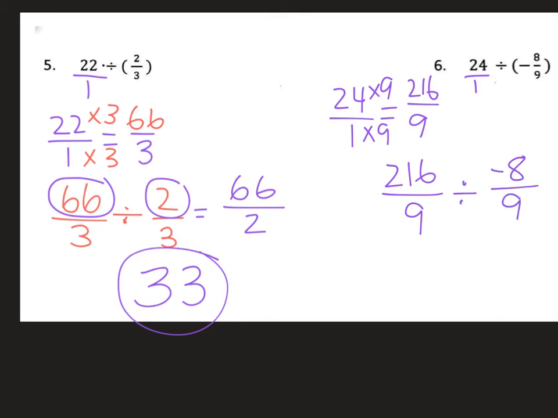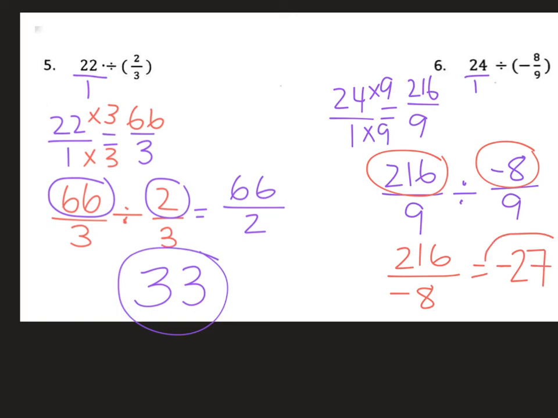Take your 2 numerators, 216 and negative 8, so 216 over negative 8. When you do this, that should simplify. We have a positive divided by a negative, so my answer would be a negative 27. And again, I just did my division to find that answer.